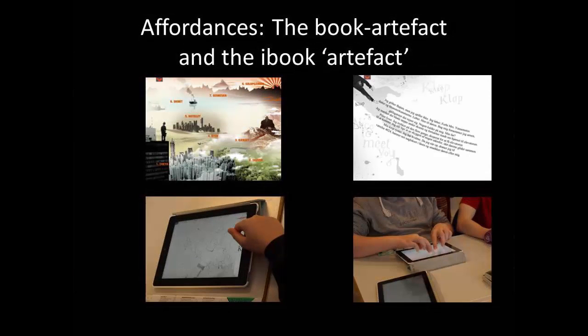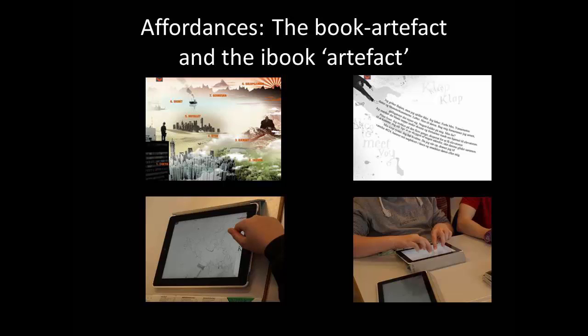What you see in this slide is actually some screenshots from how they chose to develop the iBook, as a very narrow remediation, you might say, of the material book. They wanted to make this iBook a kind of book, but also expand the area of experience that the children got when they engaged with it.